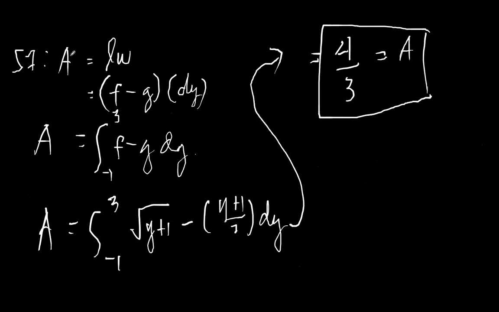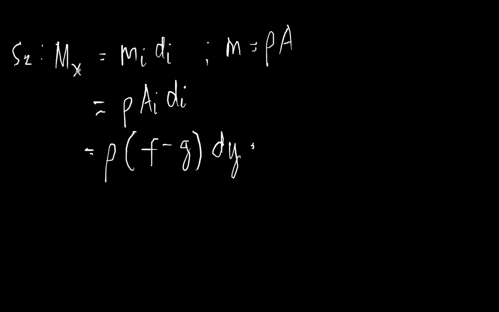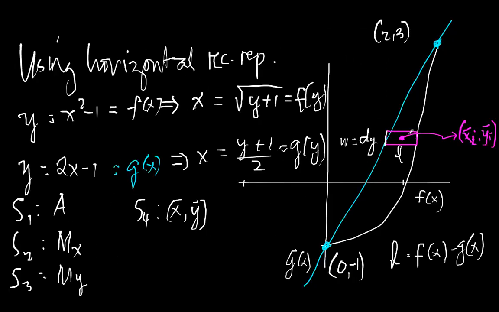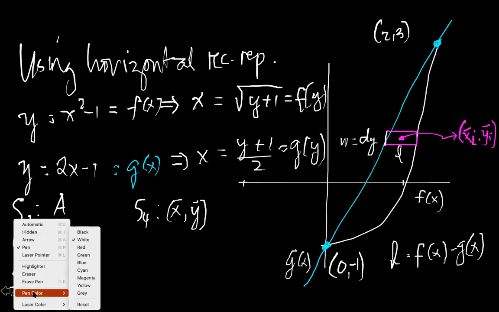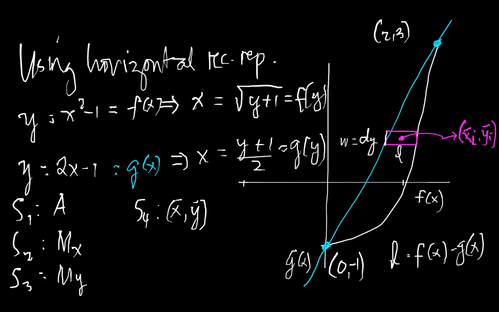Since it is M sub x, or about the x-axis, what is the distance of this point to the x-axis? Where can we find that? Let me illustrate. What's the distance of this point to the x-axis here? Then it's just y, because this point is (x, y), therefore it's just equal to y sub i.